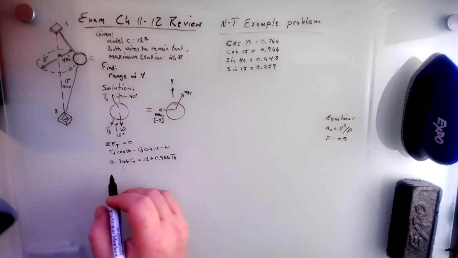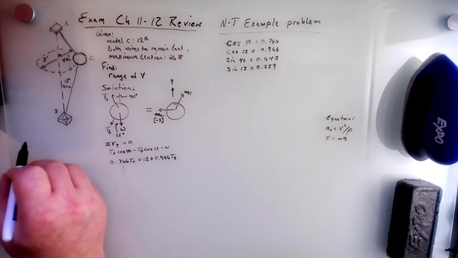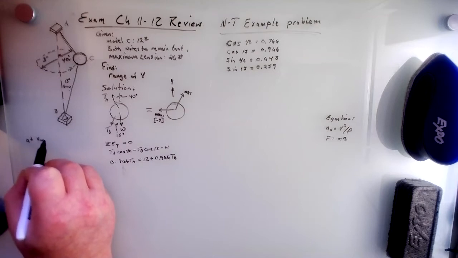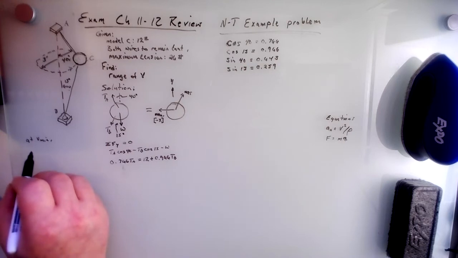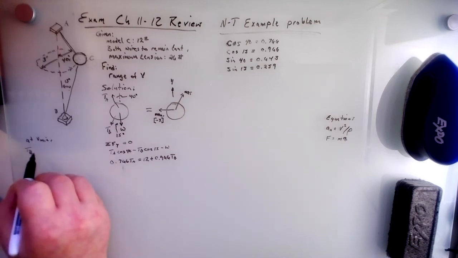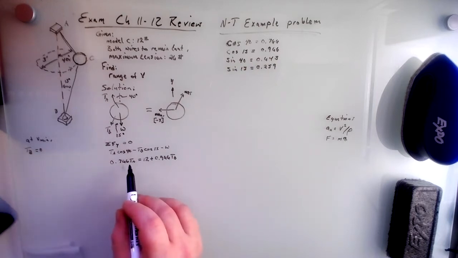So what can we say? Let's make a table over here. At V min, TB equals 0. So we'll just put this over here: TB equals 0. And what does that give us for TA?